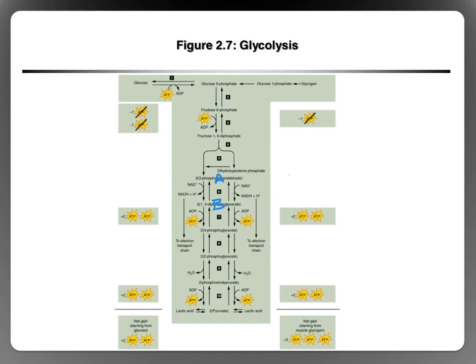Okay, so what happened here was substrate A gave its hydrogens and electrons to NADH plus H. Okay? So substrate A donated its electrons. Substrate A lost its electrons. So substrate A was oxidized.